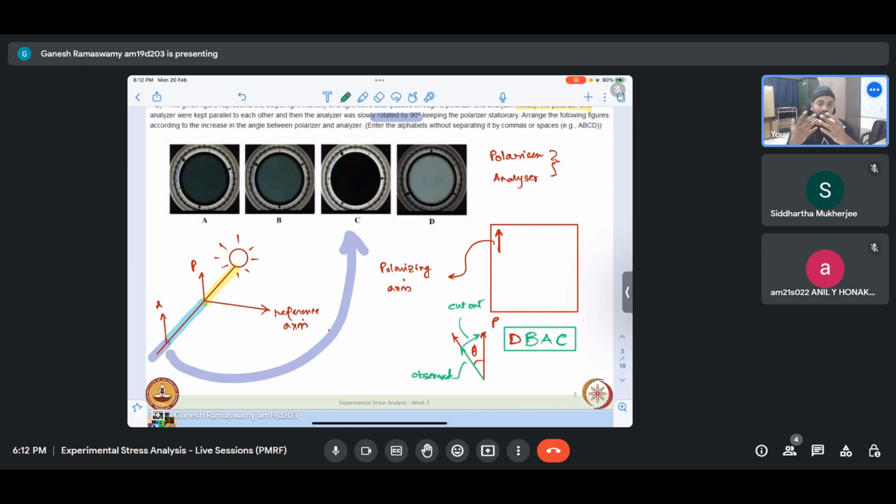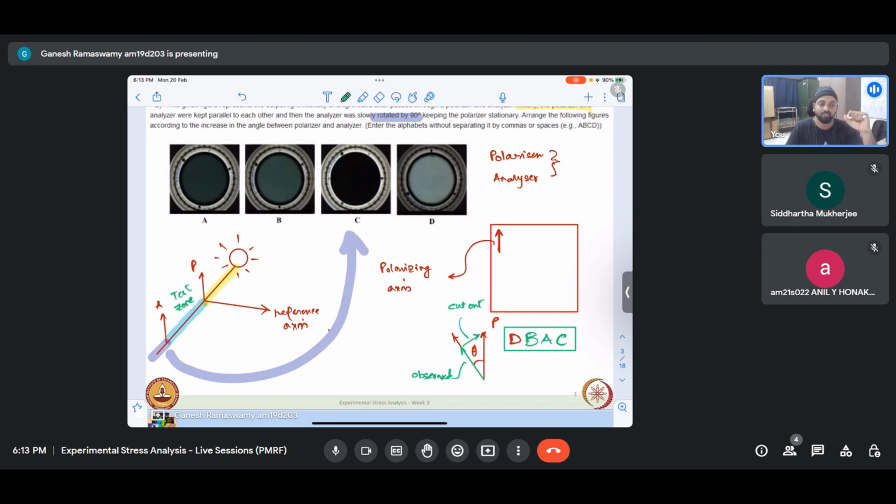Now, if we introduce some photoelastic model in between these two, in this zone, let me call this the test zone, initially, photoelasticity works on stress-induced birefringence. So when there is no stress, if we just keep that model unstressed, it will not make any optical difference. So essentially, we'll still be seeing a dark screen as we see in option C.